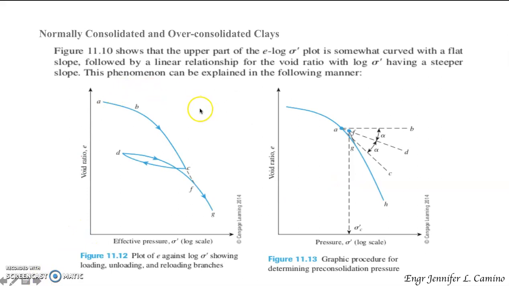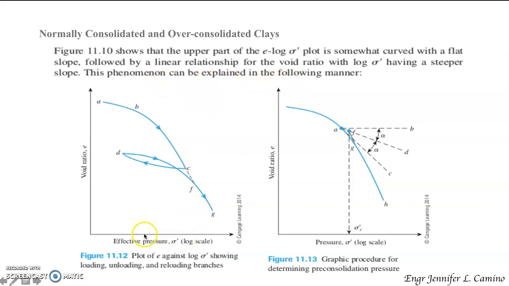Now we move on to normally consolidated and overconsolidated clays. The figure shows that the upper part of the e-log sigma prime plot is somewhat curved with a flat slope, followed by a linear relationship for the void ratio with log sigma prime having a steeper slope. This phenomenon can be explained in the following manner.